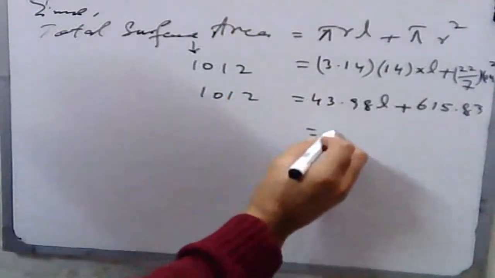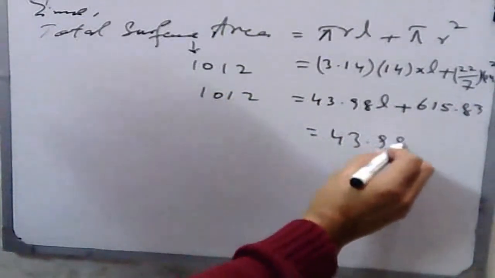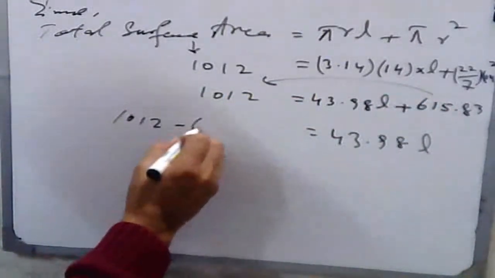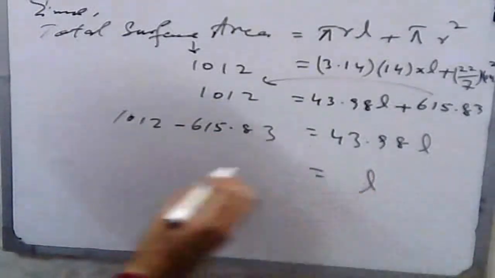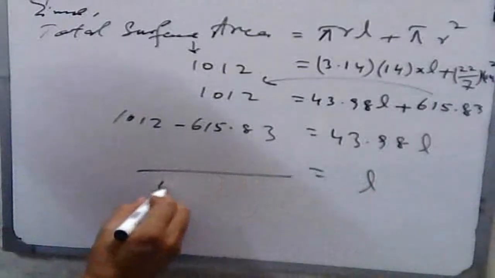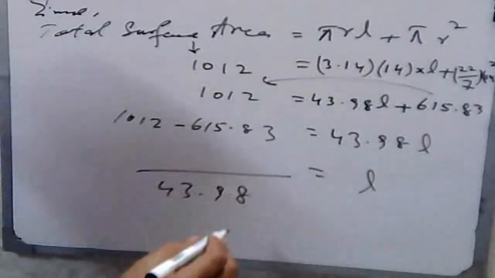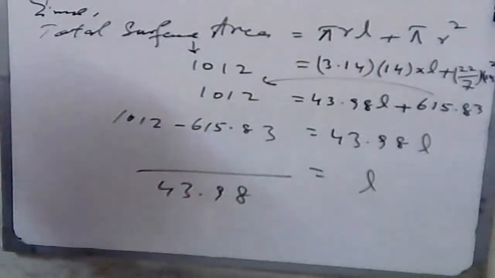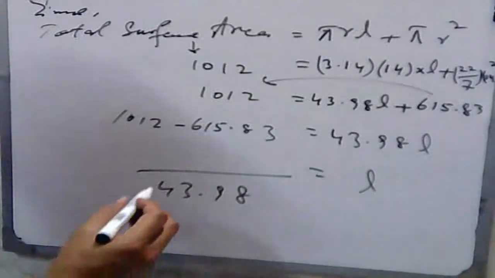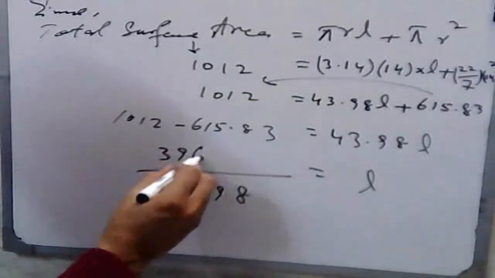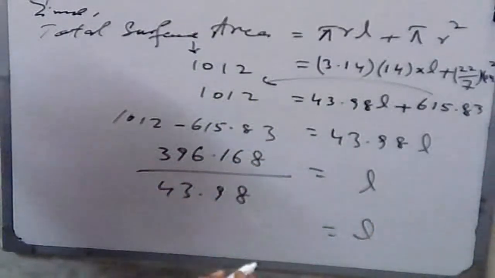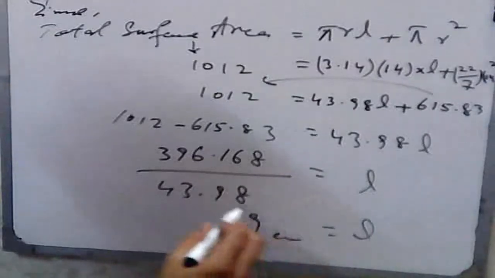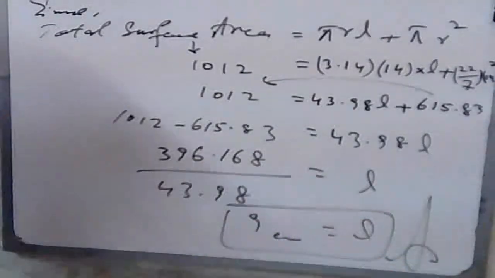So we need the value of L. Shift this side, minus 616, and we need the value of L, so you should divide by 44. After subtracting you will get 396, so the value of L is 9 centimeters. So that is your slant height.